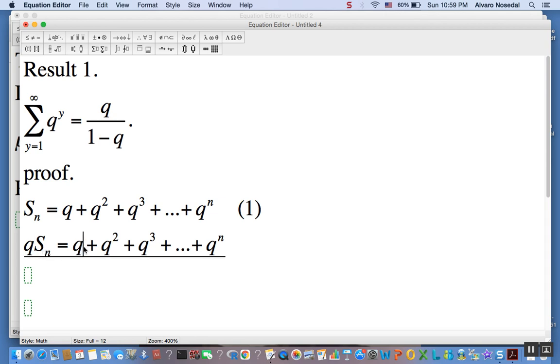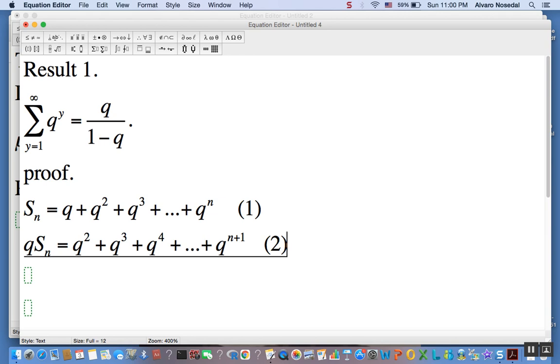So if we multiply q by q, we have q squared. This one would be q cube, q to the 4, q to the n plus 1 power. You agree? Let me call that second equation equation 2.